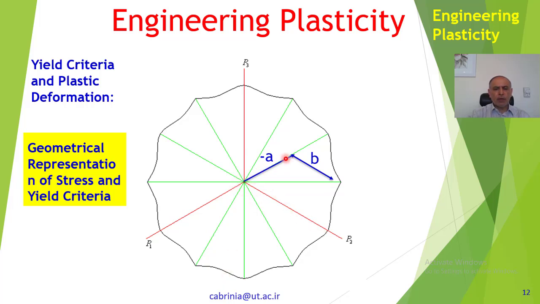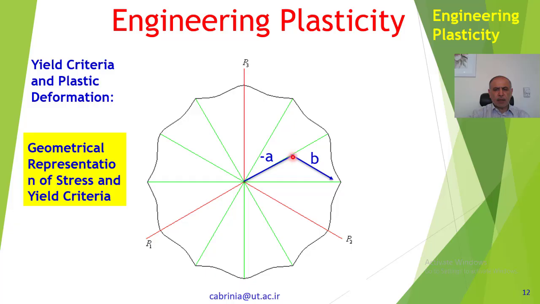So if the magnitude of stress sigma 1 is A, because it's in the negative direction, we get minus A, so that's the component of stress for sigma 1.